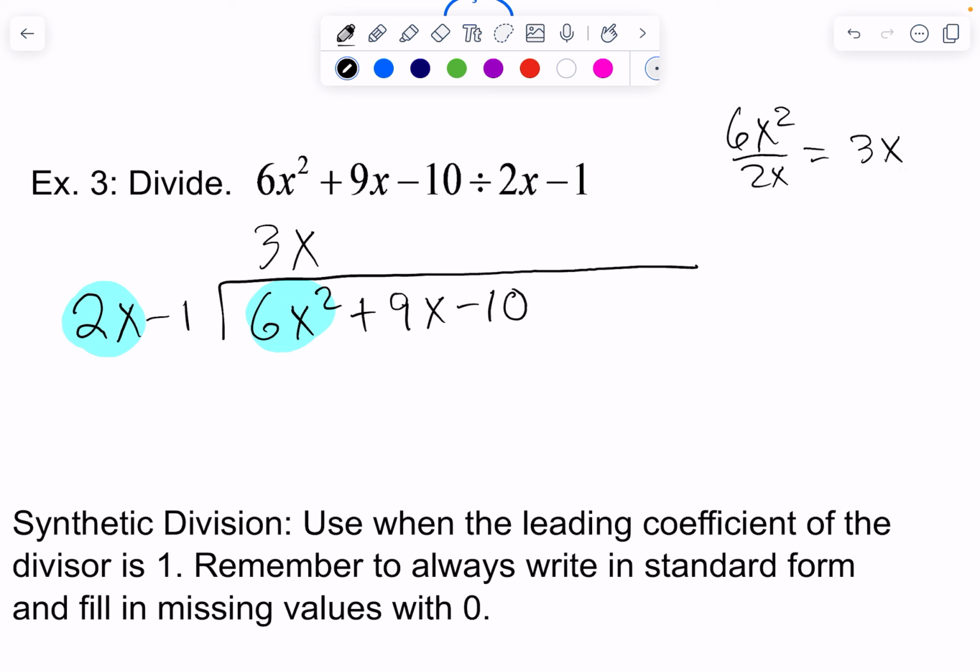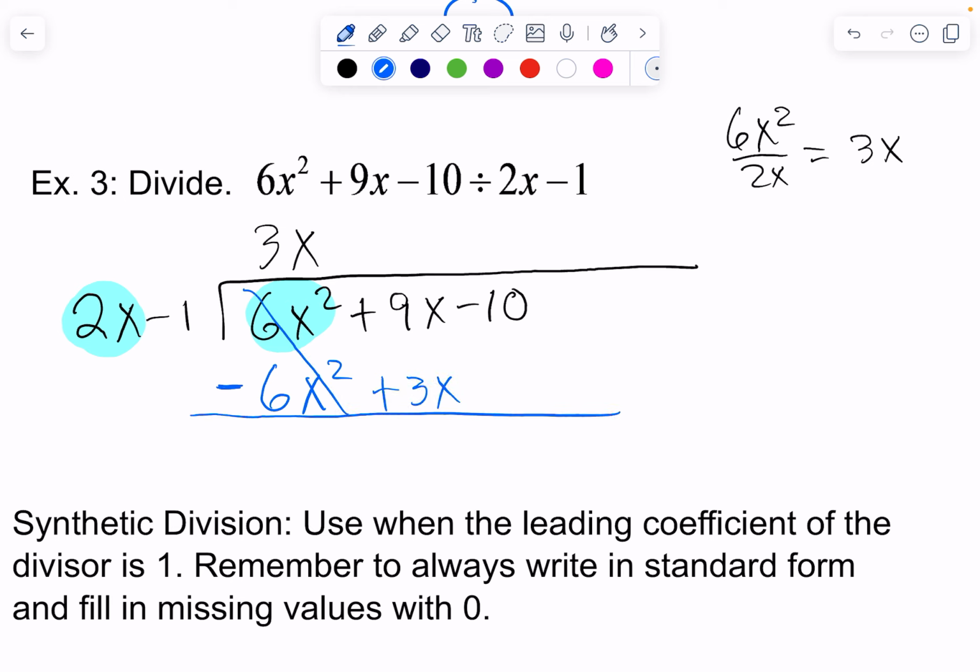Let's go ahead and multiply and negatize. 3x times 2x is 6x squared, but we're going to multiply it by a negative, so it becomes negative 6x squared. 3x times -1 is negative 3x, but we multiply it by a -1, so it becomes positive 3x.